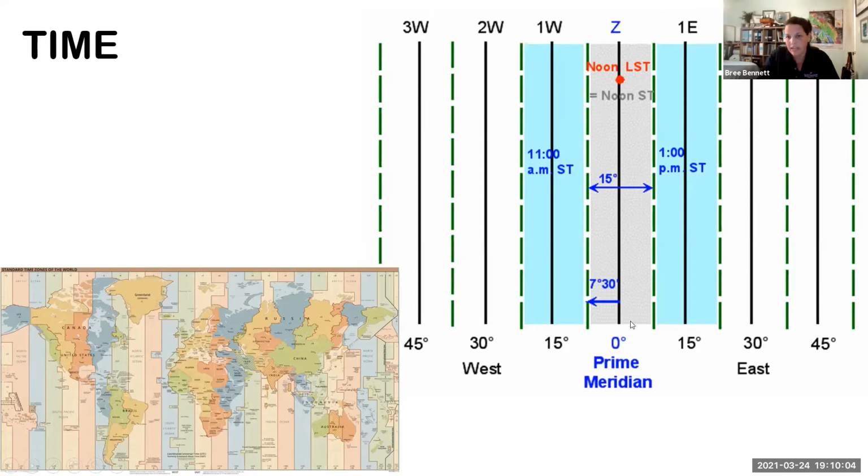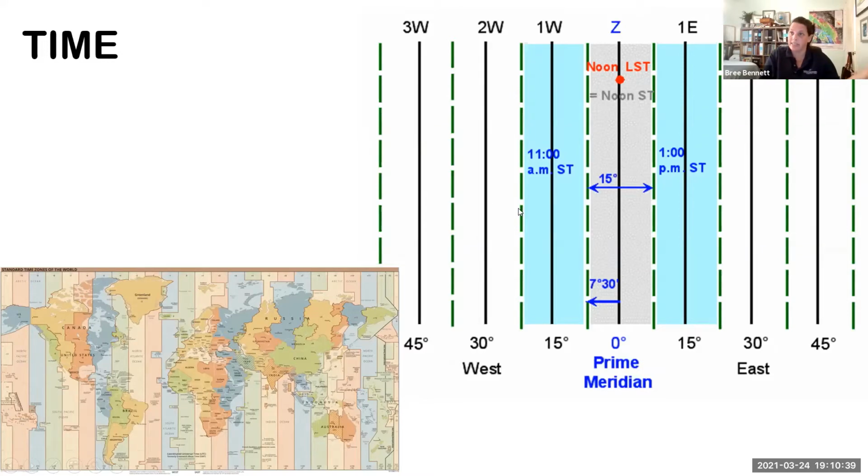So if your sun is right where this red dot is, your local apparent noon, with the sun right above you at the central meridian of 0, then over here to the east the sun has already passed noon, because the sun travels to the west.